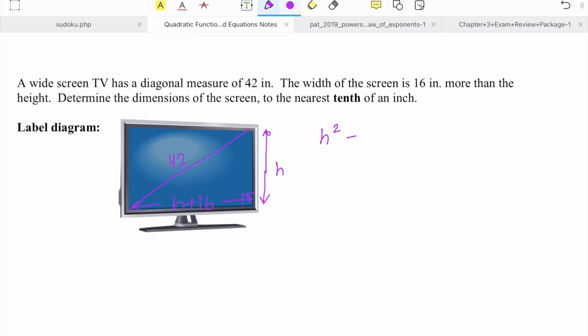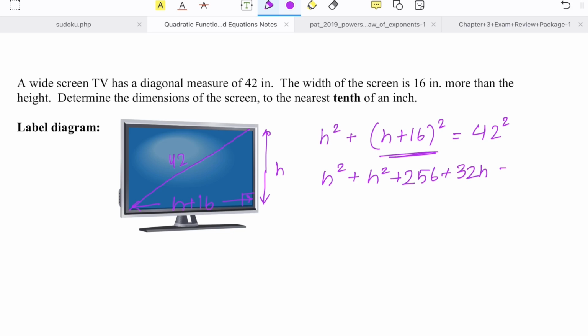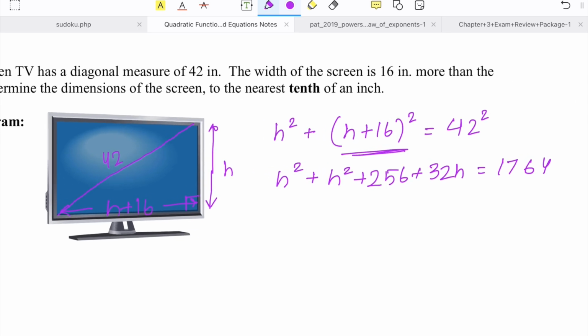It'll be h squared plus (h plus 16) squared is equal to 42 squared. So h squared plus, we'll expand that. It'll be h squared plus 256 plus 32h is equal to 1764.